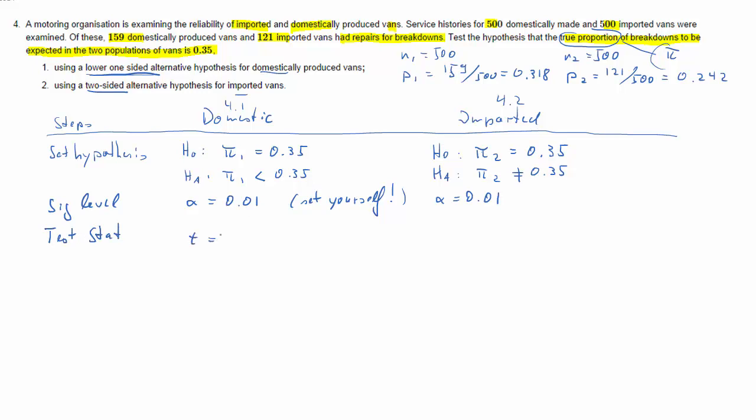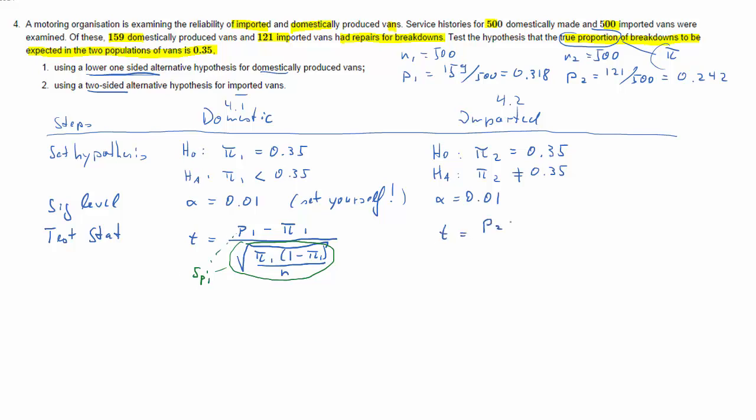Next we need to specify the test statistic. That's going to be a t-test when we're testing for proportions. And the test statistic is the sample proportion minus the hypothesized proportion, so that's the one from the null hypothesis, divided by the standard error of P1. And you just need to know in this formula that's the square root of pi1 times 1 minus pi1 divided by n, where the pi1 is again the one we use from the null hypothesis.